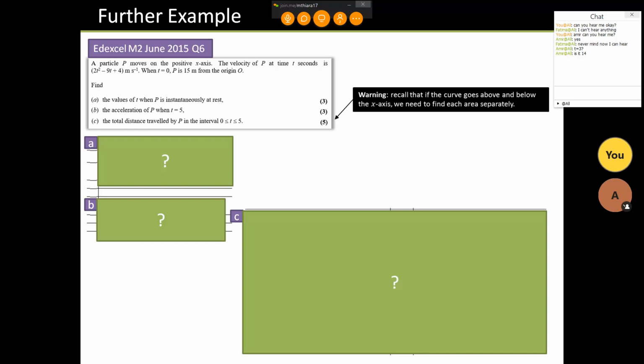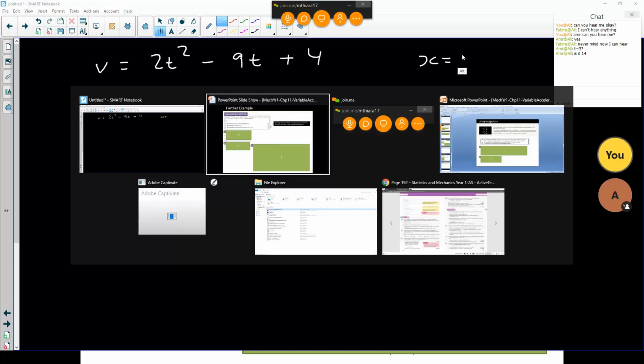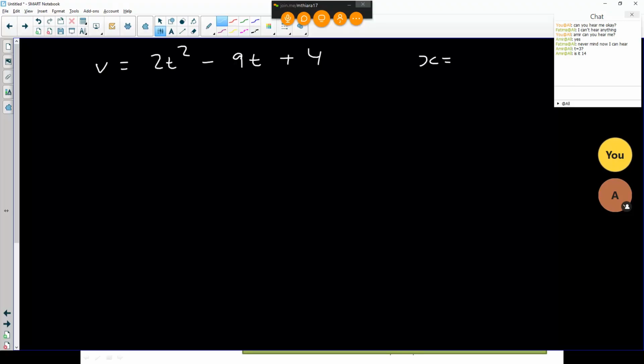So v is equal to 2t squared minus 9t plus 4. It tells us that x is equal to 15, because P is 15 meters from the origin when t equals 0. These are known as the boundary conditions.